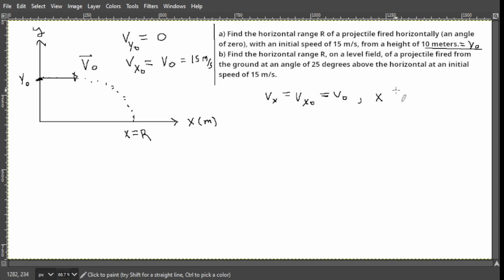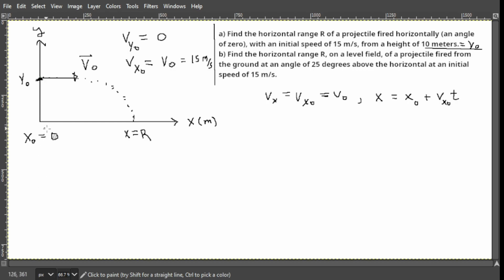Now, the horizontal position versus time, the x position versus time equation. That tells us that x is wherever it starts off at when you fire, x0, plus the x component of velocity times time. As usual, unless there's a good reason not to, and there usually isn't, I'm just going to set x0 equal to 0.